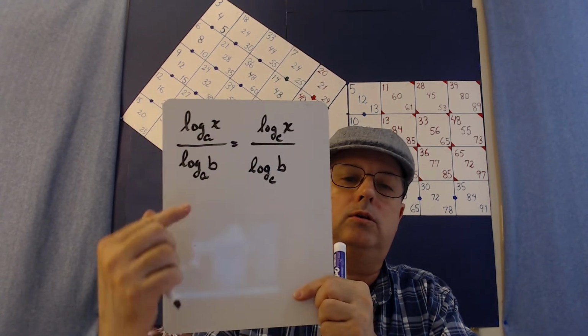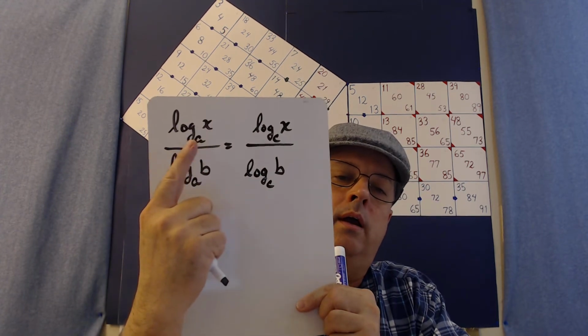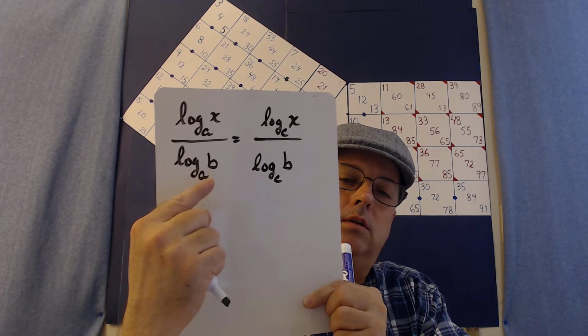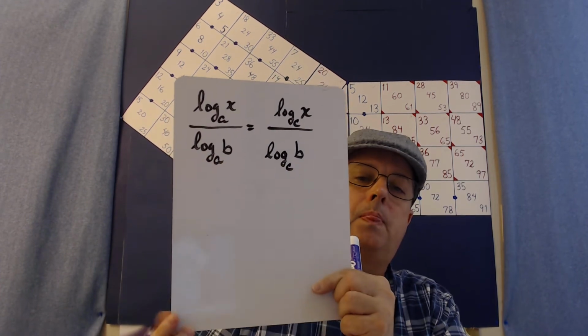So logarithms are proportional. And I can change this from a to c as long as I change this one from a to c. And so that's what I'm going to do right here.